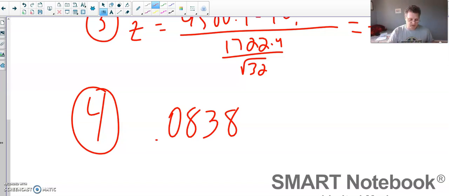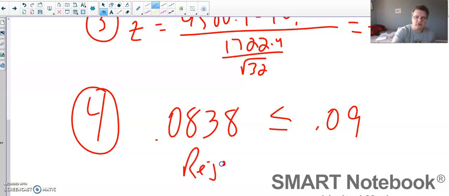That's my cumulative area up to the negative value. Then I compare it to my 0.09. 0.0838 is less than or equal to 0.09. So since it's less than or equal to, you are going to reject the null hypothesis, based upon your inequality symbol.